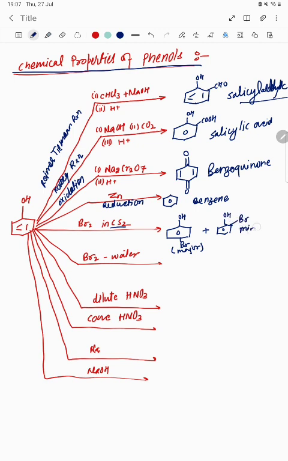This is the minor product, orthobromophenol and parabromophenol. But if you are treating with bromine water, it will give tri-substituted phenol. Here is the OH, and there is Br at each of the three positions.